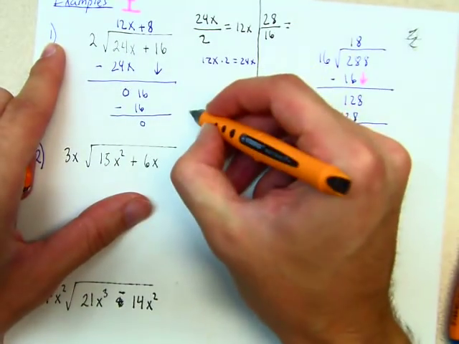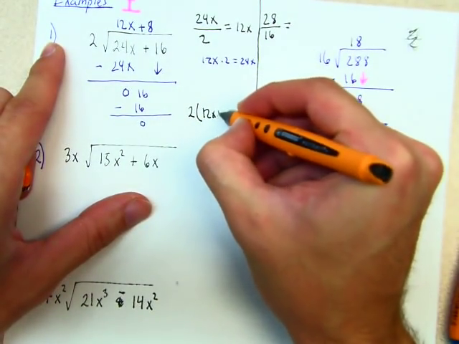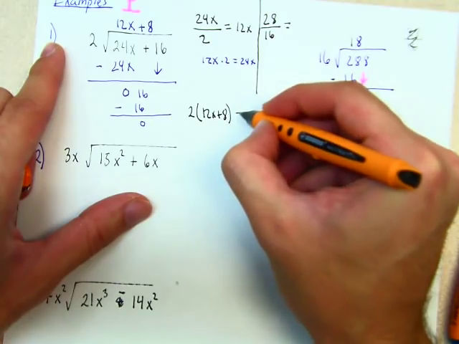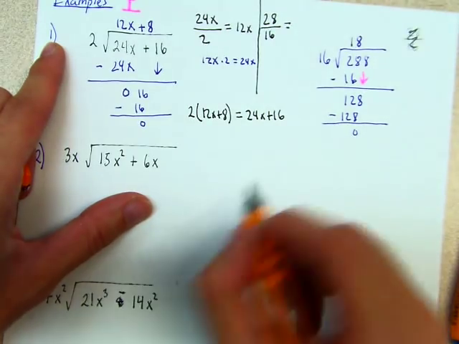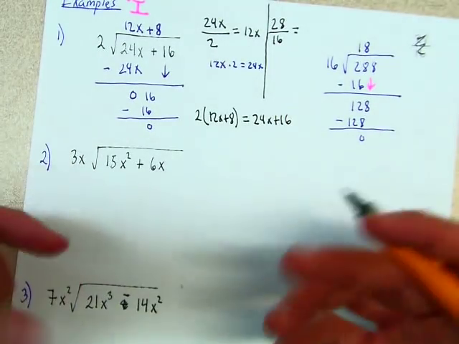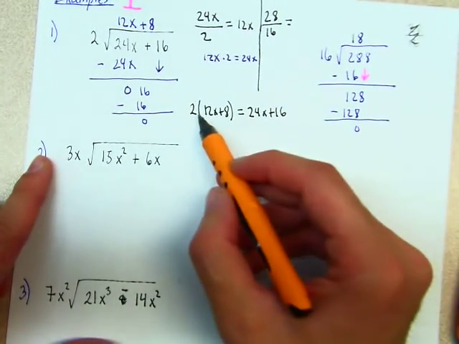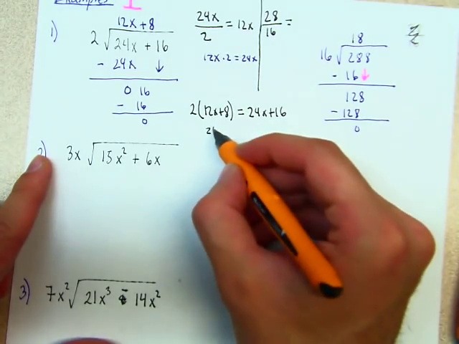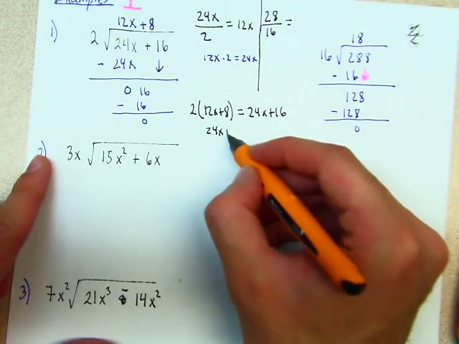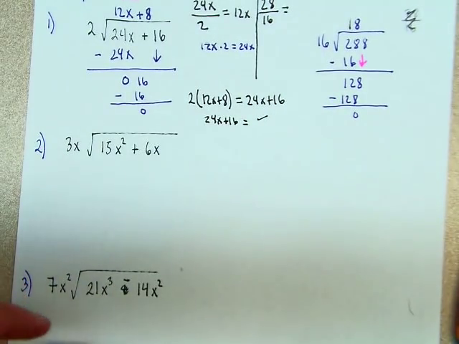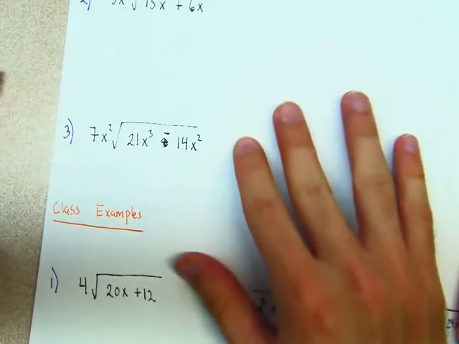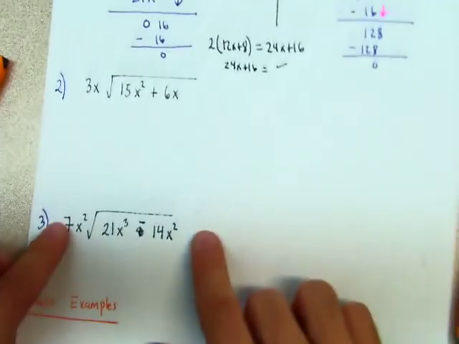This 2 times 12x plus 8 has to equal 24x plus 16. These are the rules of multiplication and division. And check, does it work? 2 times 12x is 24x, 2 times 8 is plus 16, and it is equal. Check.